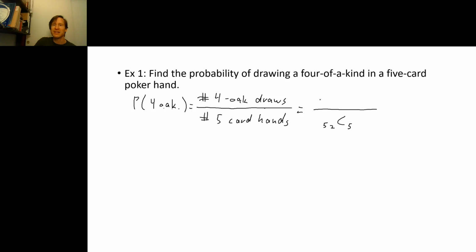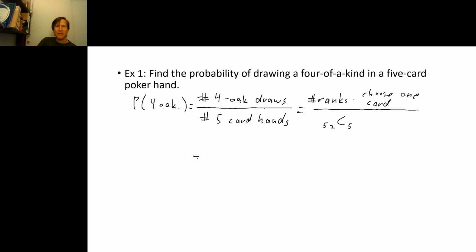So the first thing we need to choose is the rank for the 4 of a kind, so we need to know the number of ranks. After you choose a rank, you need to choose one remaining card, because choosing the 4 of a kind only tells you 4 cards for your hand, so you have to choose one more card to get that 5th card.